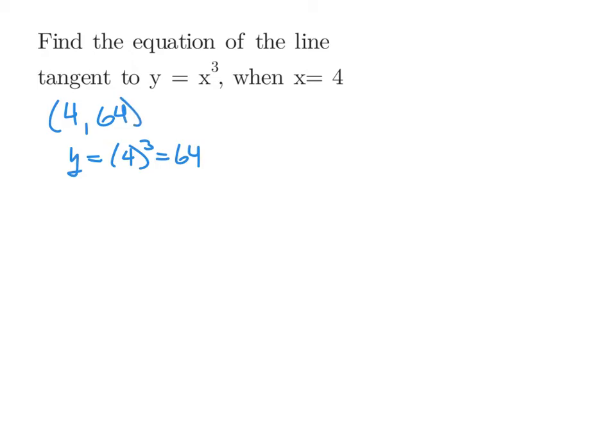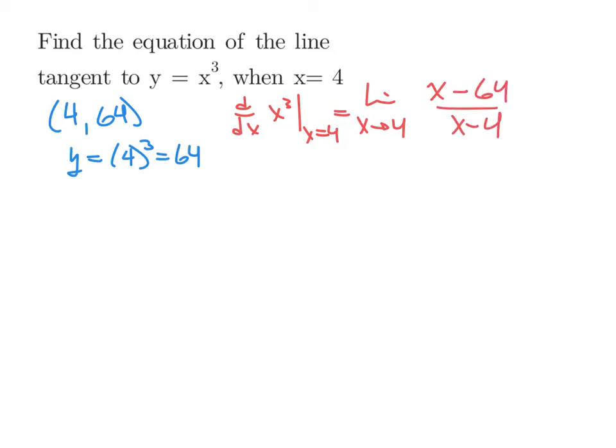Now, since I'm trying to find the derivative at this specific point, we used to have to find the derivative of x to the 3rd evaluated at x equals 4 by using the limit as x approaches 4 of x cubed minus 64 over x minus 4. Right? And we had to break that into its factors and cancel and all sorts of stuff.